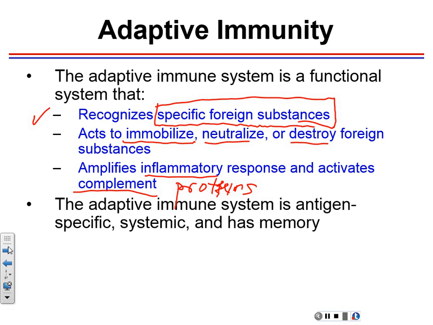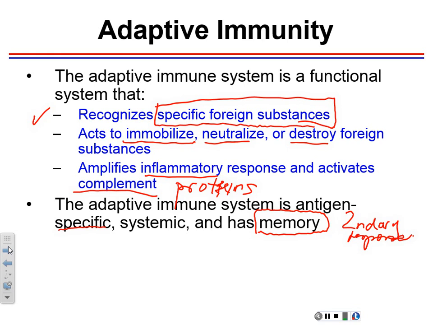So the adaptive system is specific. It creates memory cells, and memory cells are responsible for launching a robust secondary response. Secondary response is more robust because of these memory cells that will recognize that specific microorganism.